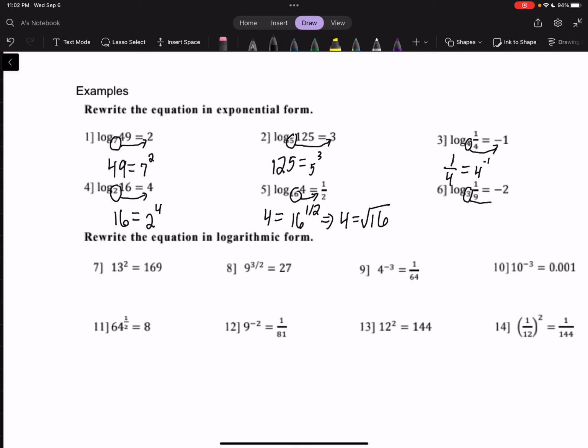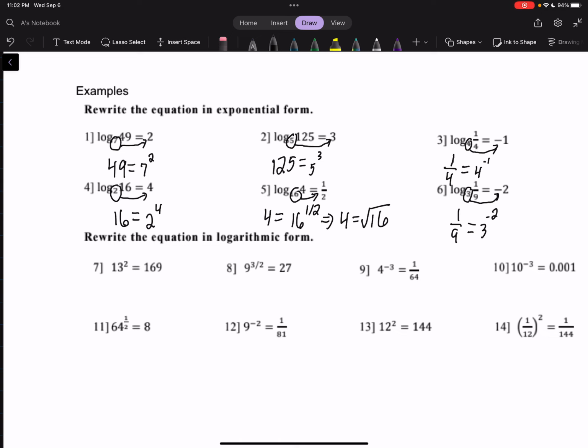I'm going to take 3, shove it under the -2. 1/9 is equal to 3 to the -2 power. And again, that's equal to 1 over 3 squared. You don't actually have to have that last part. I did want to point it out once again.